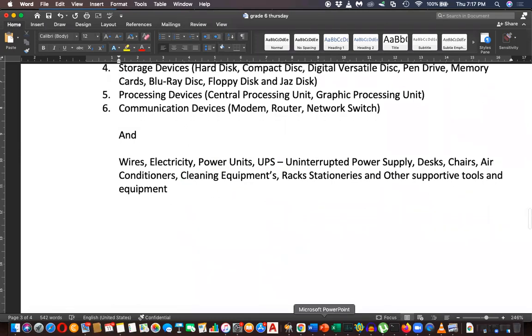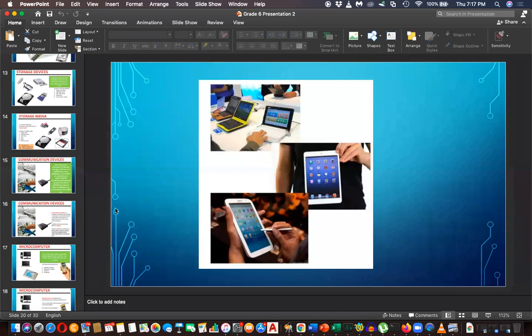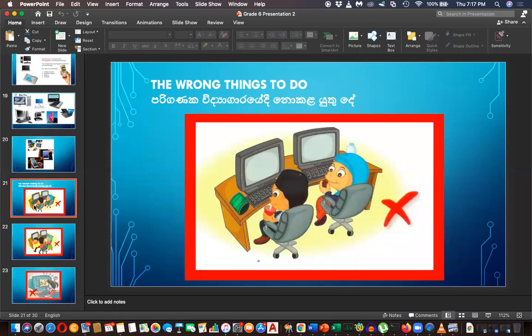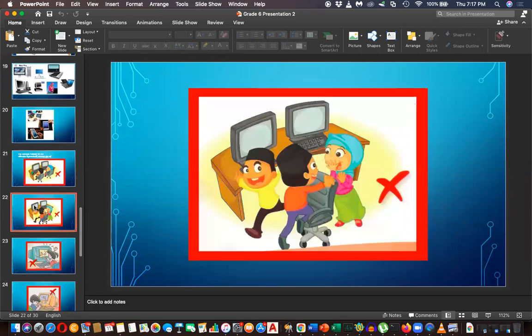Okay, then what we are going to discuss in the last part is the practices, because this lesson is about the practices. You can see, these are self-explanatory, but I have to tell this. One thing is, don't play inside the lab, because it's dangerous.